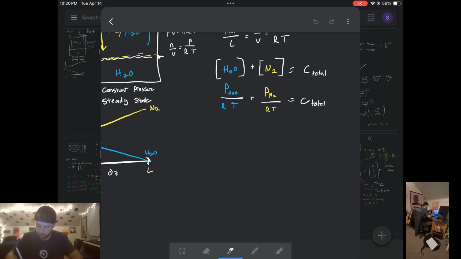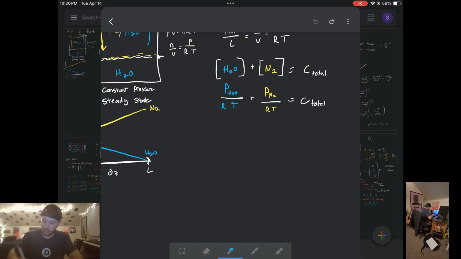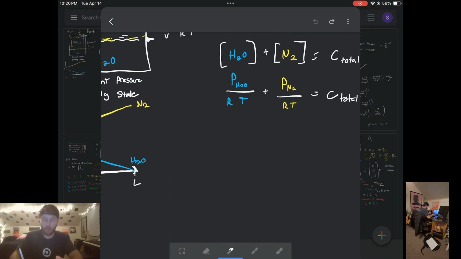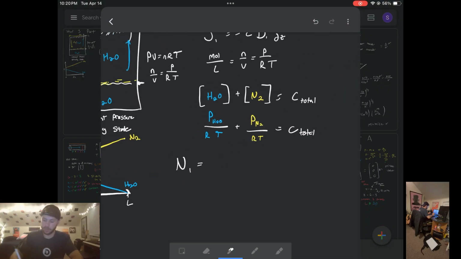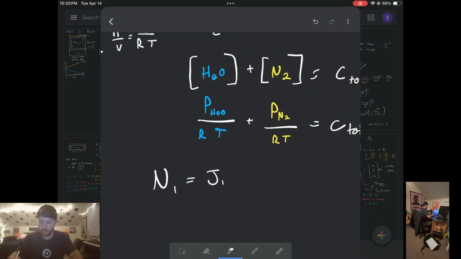So we can use this equation that says the overall molar flux of component 1 is equal to our molar flux from Fick's law plus our mole fraction times the system's overall molar flux.